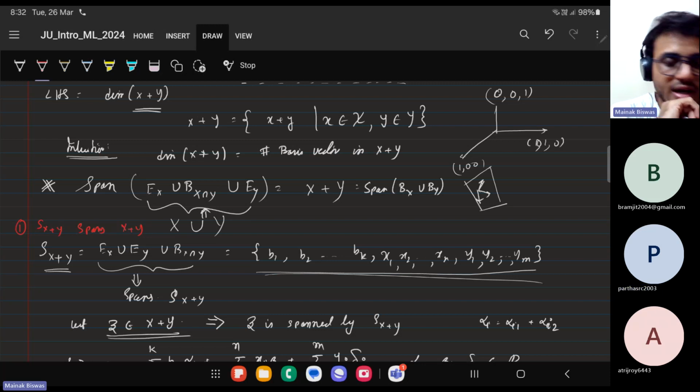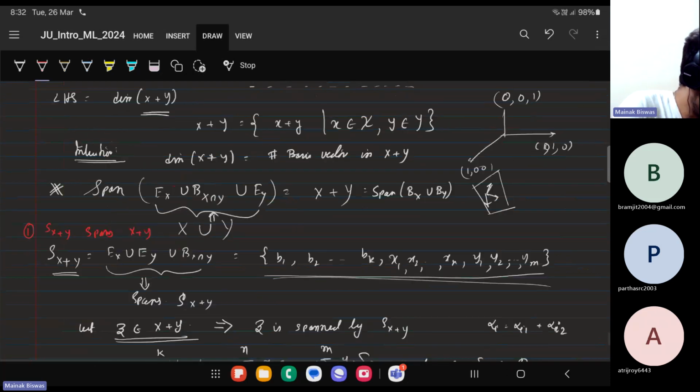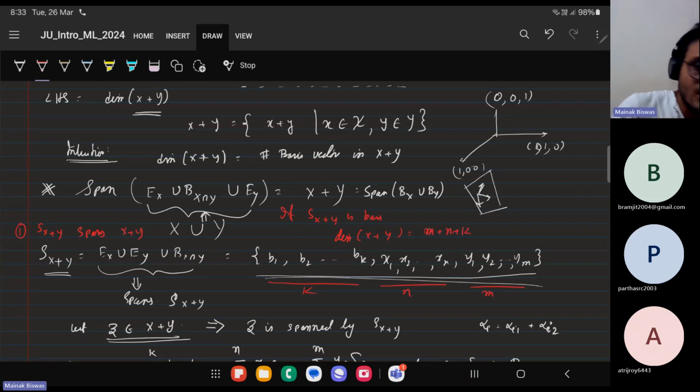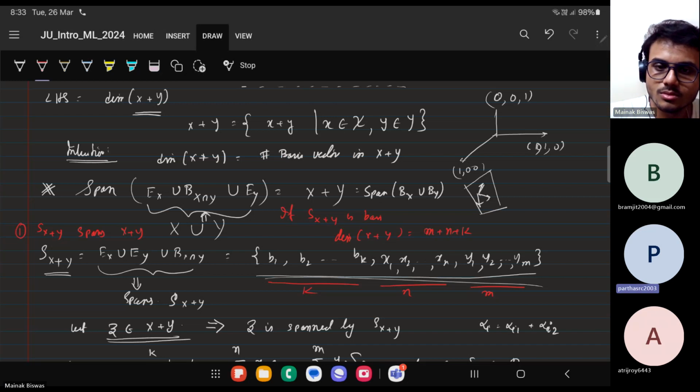So if we can show that the span of x plus y is a basis, then I can write the dimension of x plus y directly as m plus n plus k, because there are k vectors here, n vectors here, and m vectors here. We've already shown it spans x plus y, yes or no, Partho? Yeah, it spans x plus y.